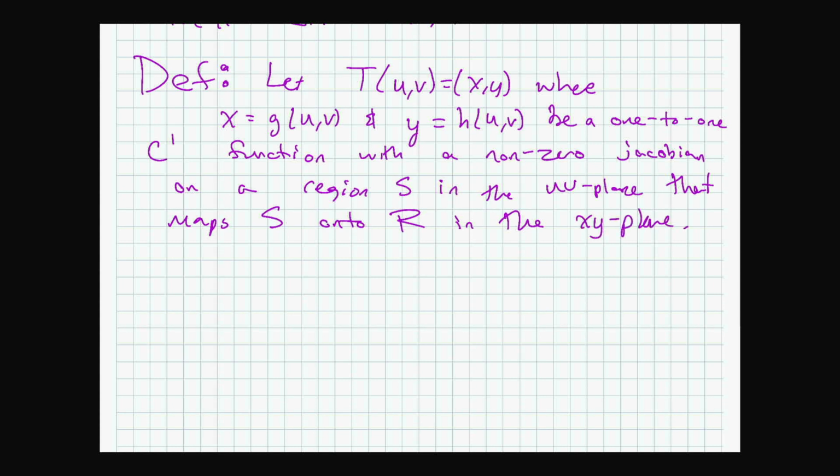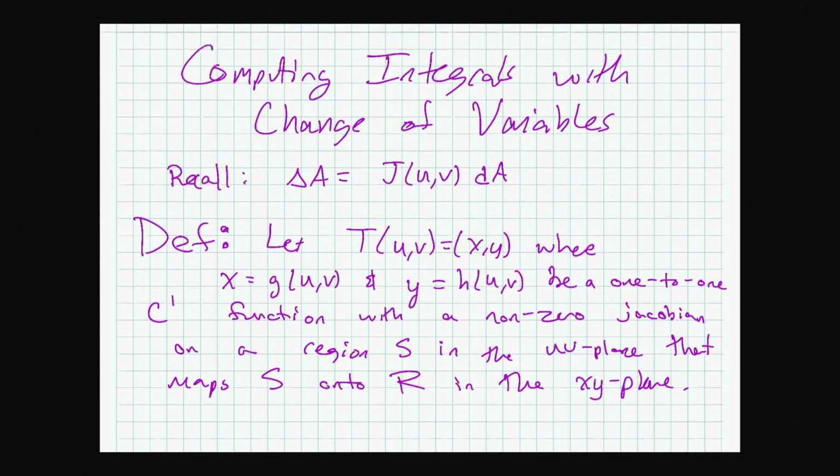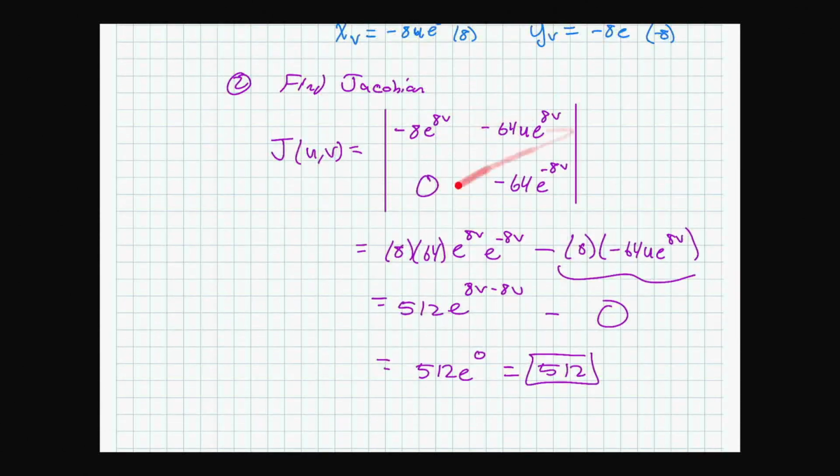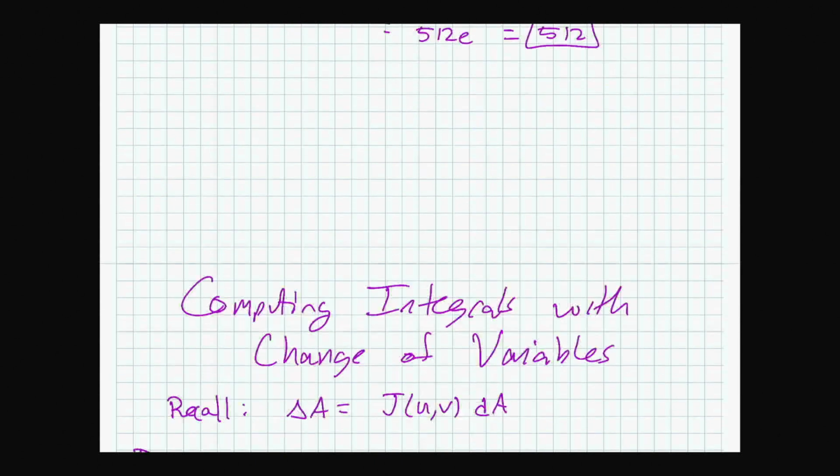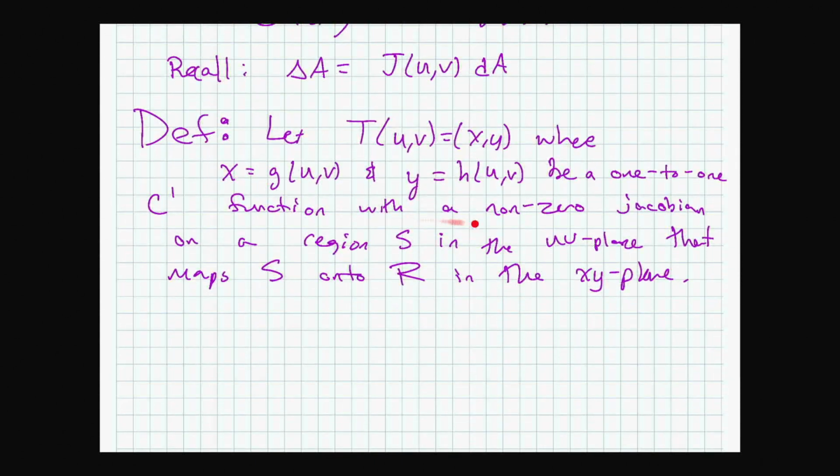All right, so let me mention a couple things here. We already said that we want these functions to be 1-to-1, and they need to have continuous partial derivatives because we need to be able to do these Jacobians, which requires derivatives. Also, we want the Jacobian to be non-zero.